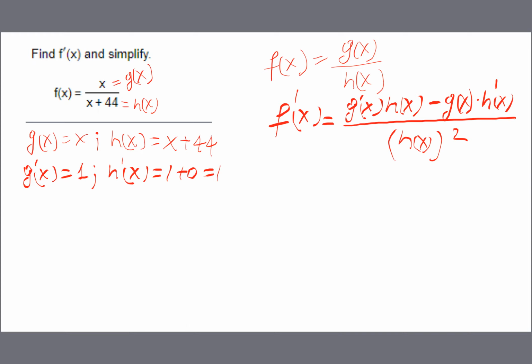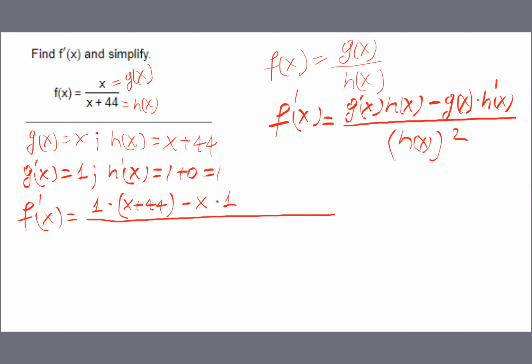So we're going to use the quotient rule now. F prime of x is equal to, so here we have the line for our fraction, g prime of x, which is 1, times h of x, which is x plus 44, minus g of x, which is x, times h prime of x, which is 1, divided by h of x squared, which is x plus 44 squared.